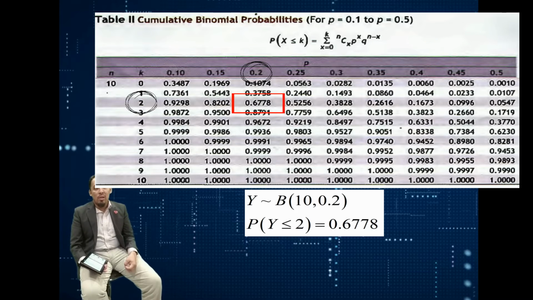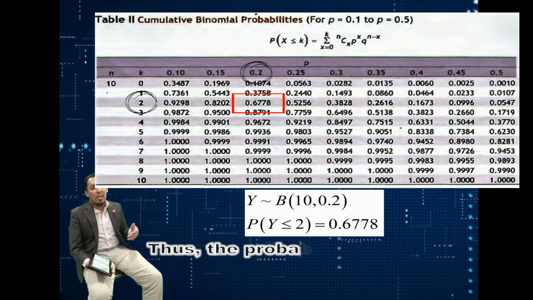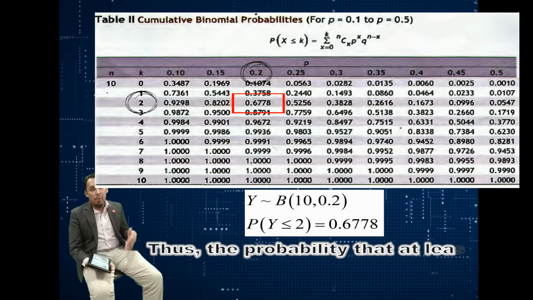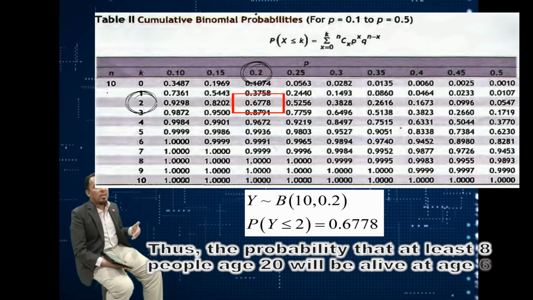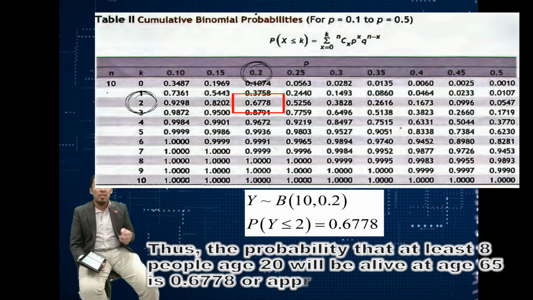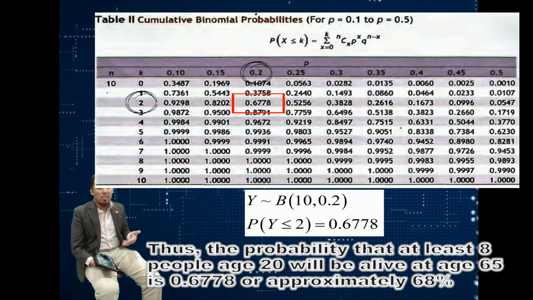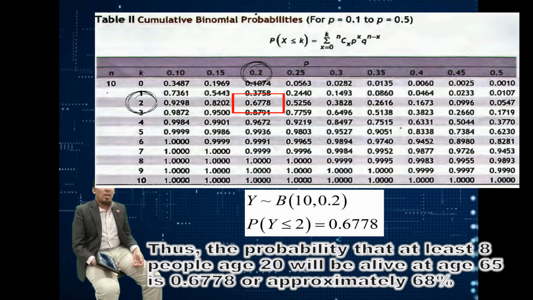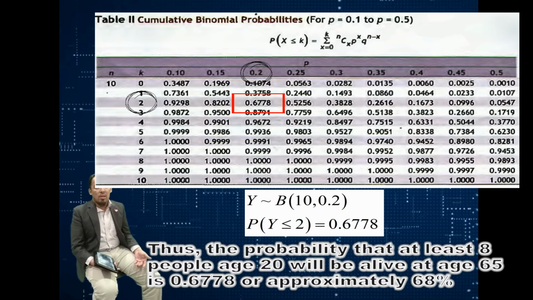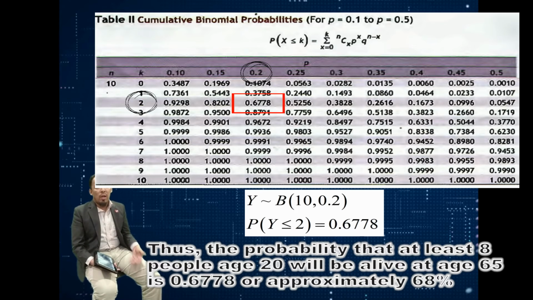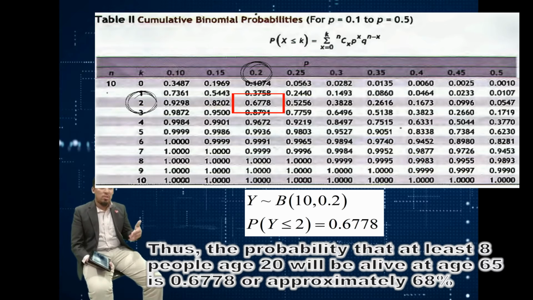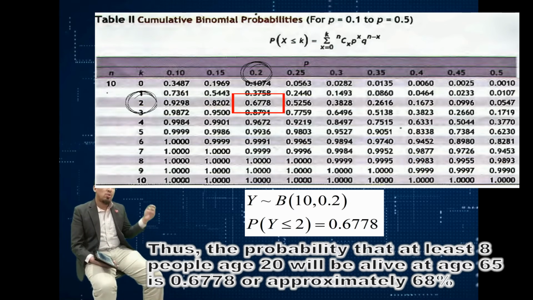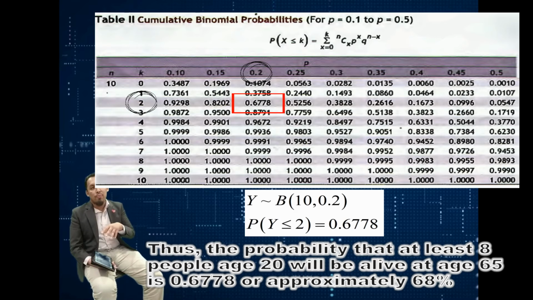0.6778. In other words, the probability that at least 8 people aged 20 will be alive at age 65 is 0.6778, or approximately 68%. You might be questioning, how can we use the probability that we just calculated, which is for those who are not alive, for those who are alive?